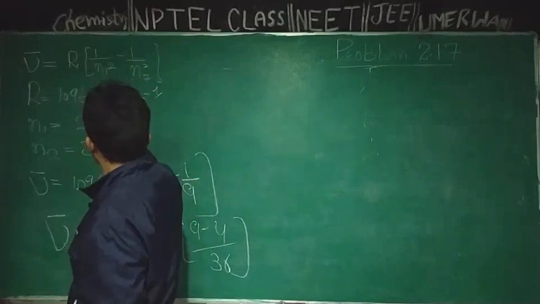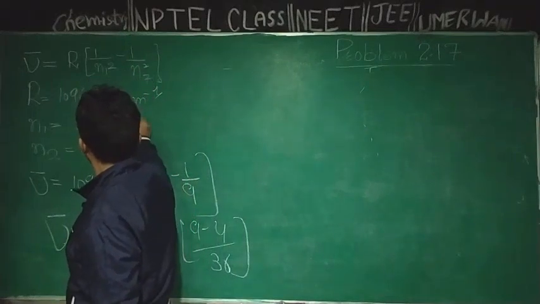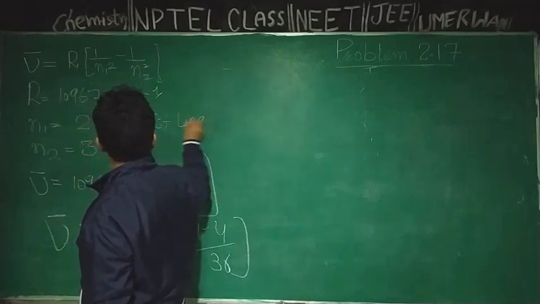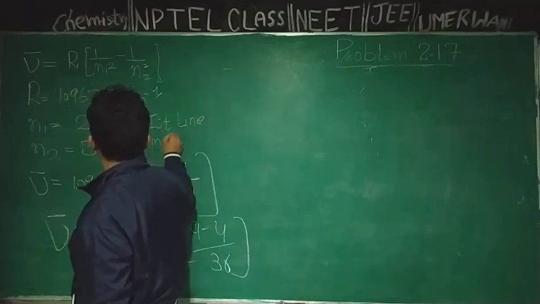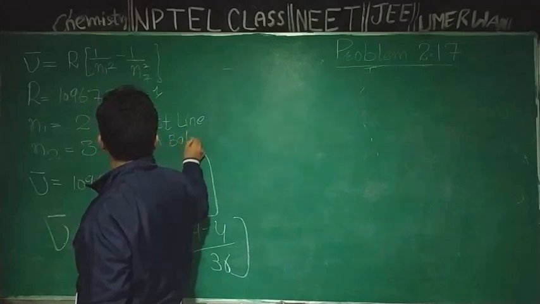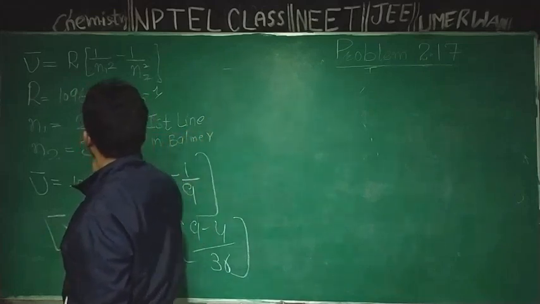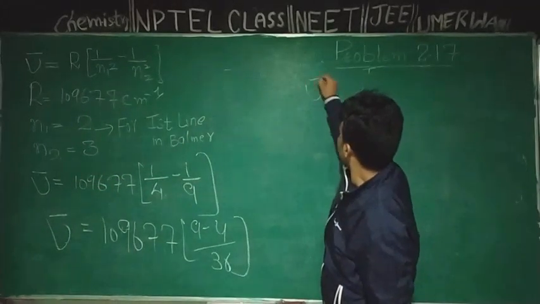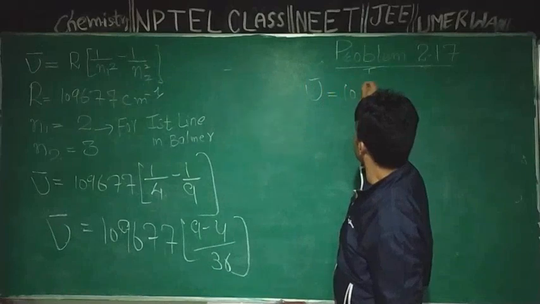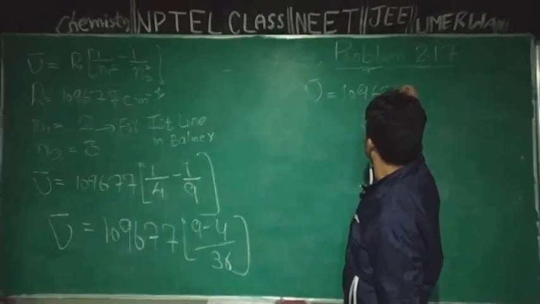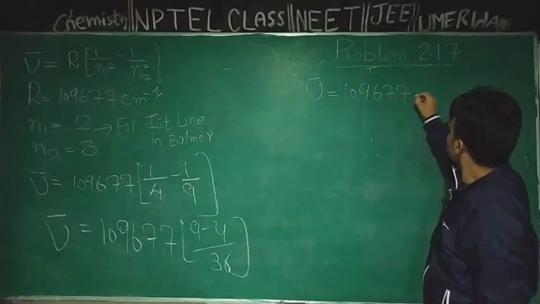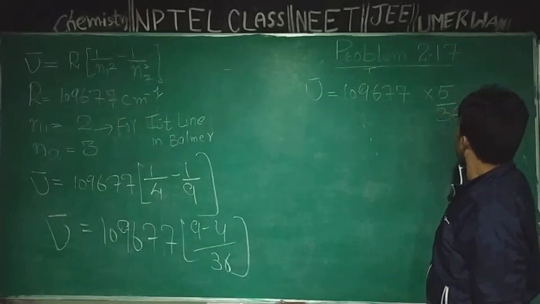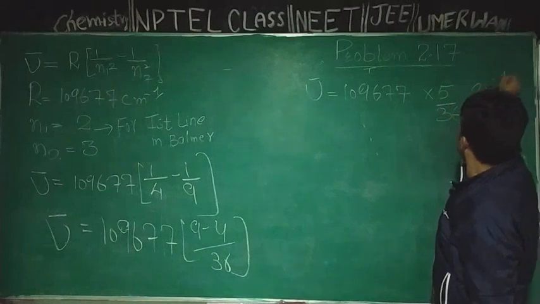This is for the first line in Balmer. Nu bar will be equal to 109,677 into 5 divided by 36, and the answer will come in centimeter inverse.